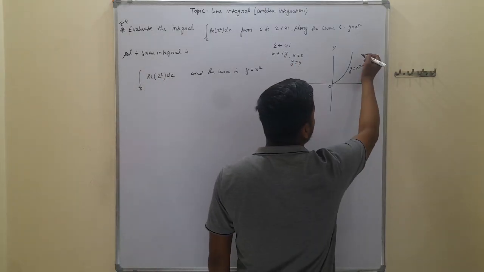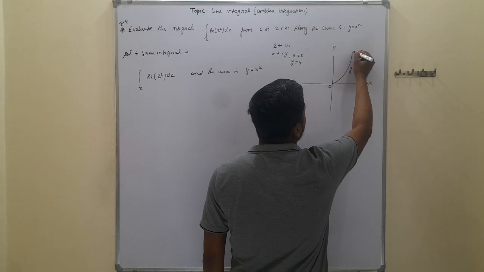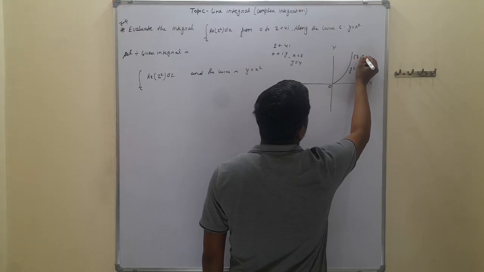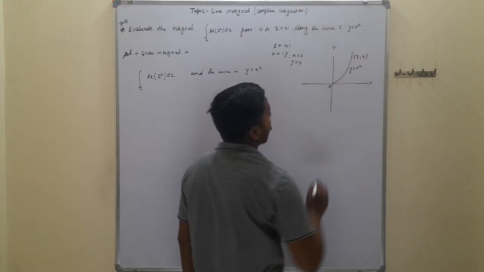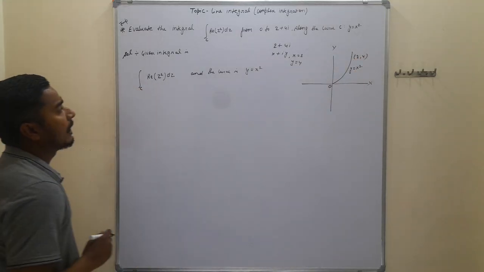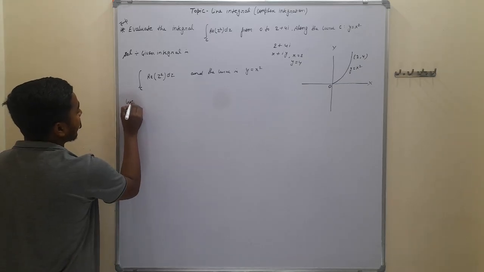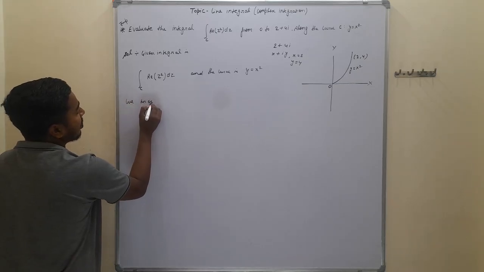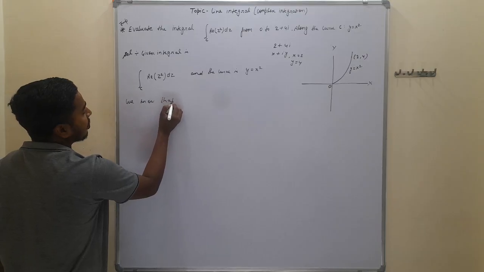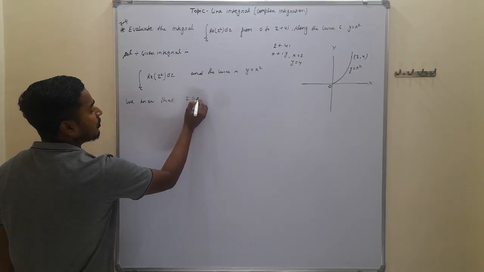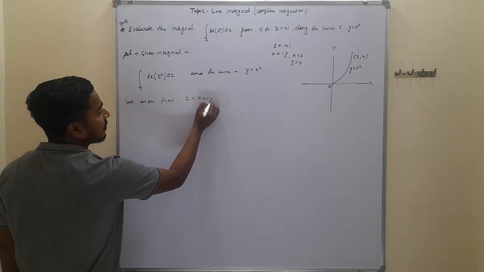So we have to write here (2, 4). The point lies on the curve. And further we know that z is equal to x plus iy.